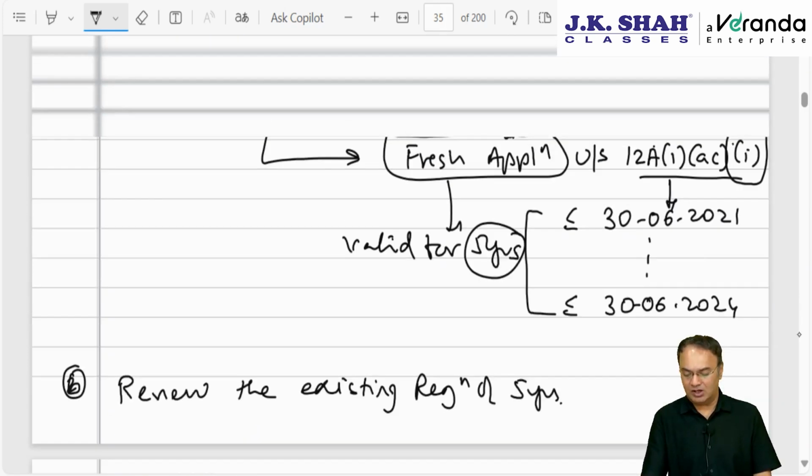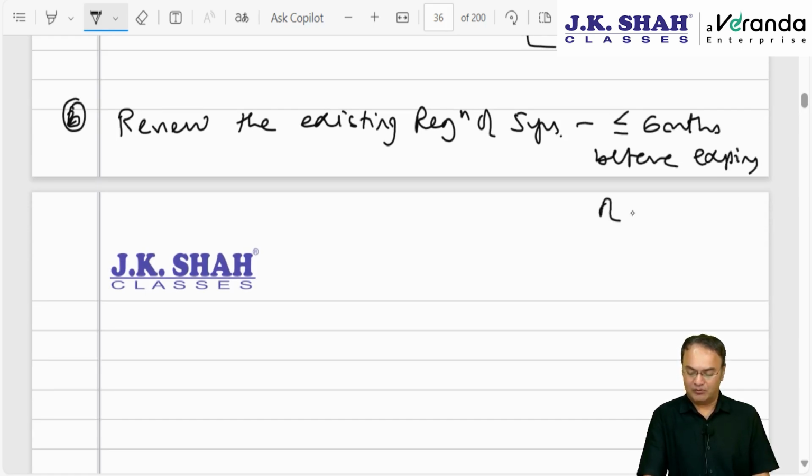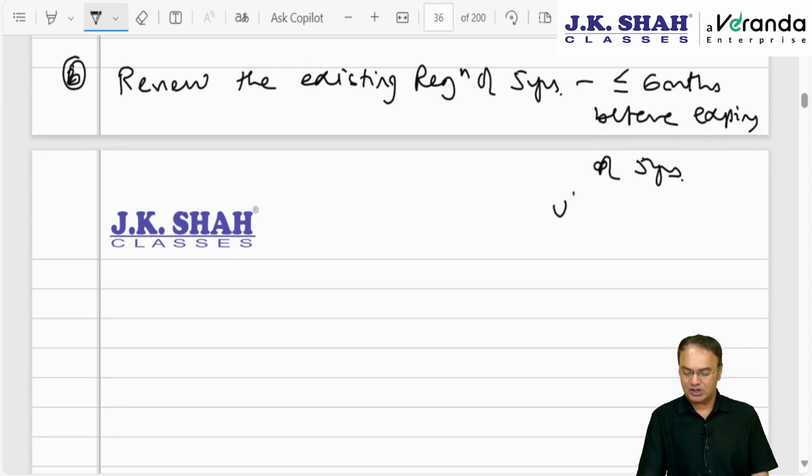This application is to be made in the same form, form number 10A, but the application section number will be 12A, subsection 1, clause (ac), subclause (ii).